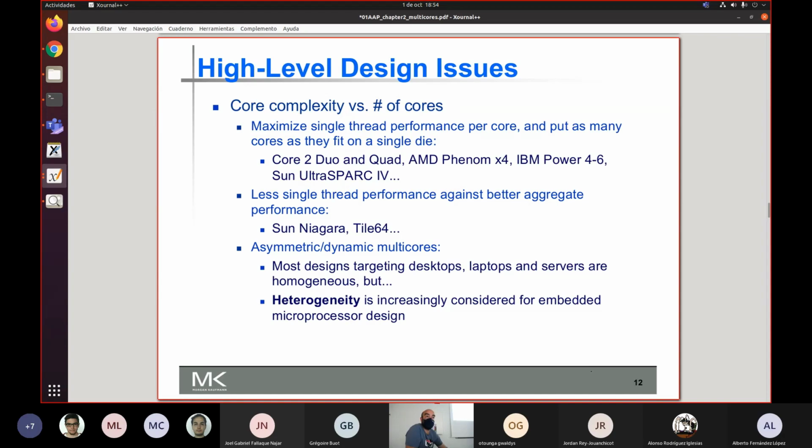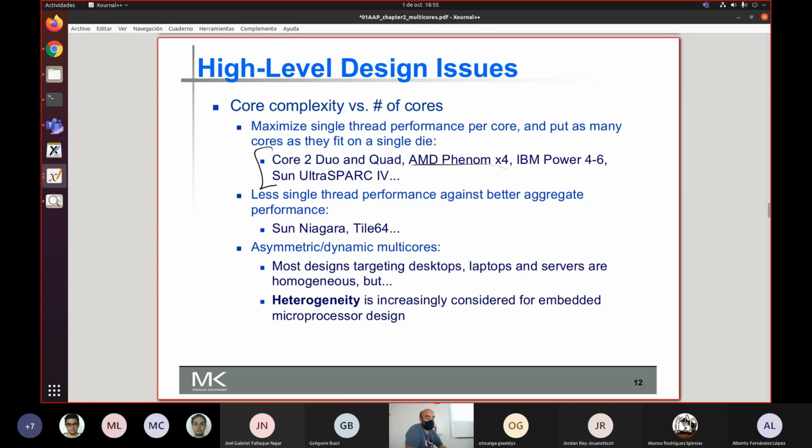So this was the original approach of Intel Core 2 Duo, that was the original multi-core processor from Intel, the first AMD Phenom X4, the UltraSPARC 4, etc. And actually most of the modern computers are built like this.